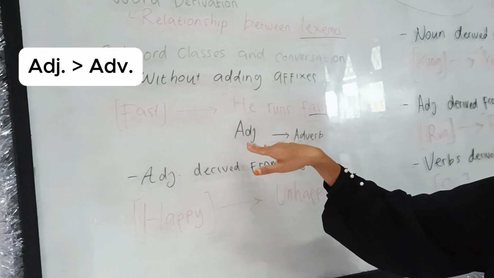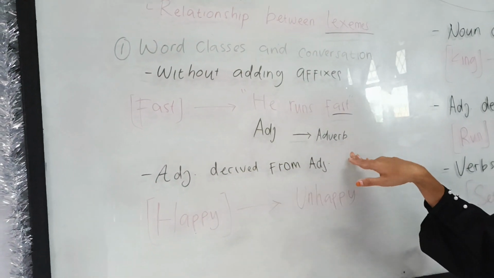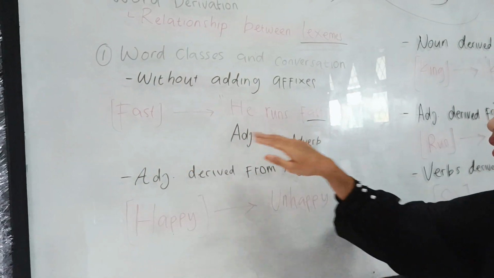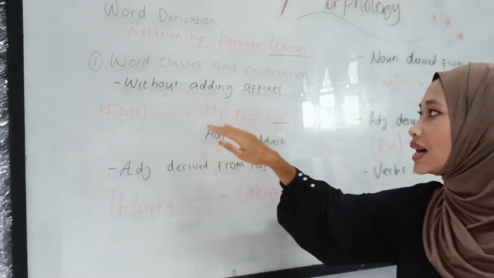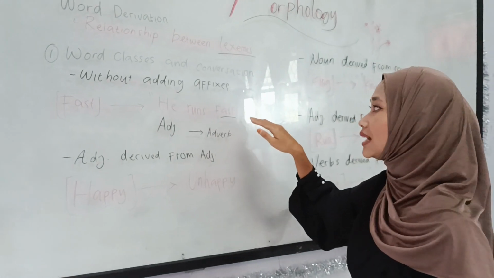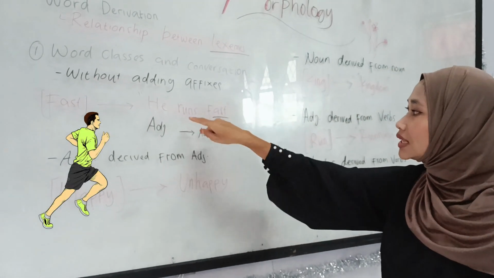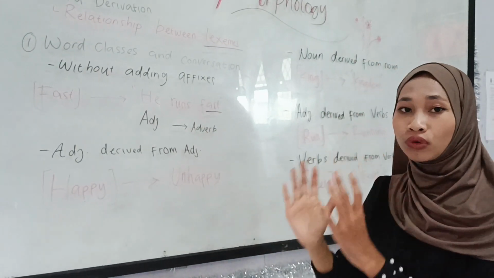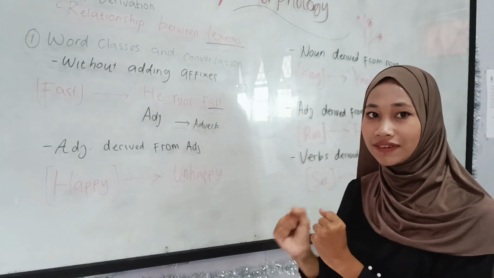This is adjective to adverb, and when you look at fast, it's not changing, right? It's still the same, so that means without adding an affix. But the function of fast here is an adverb, because he runs fast, or really fast.